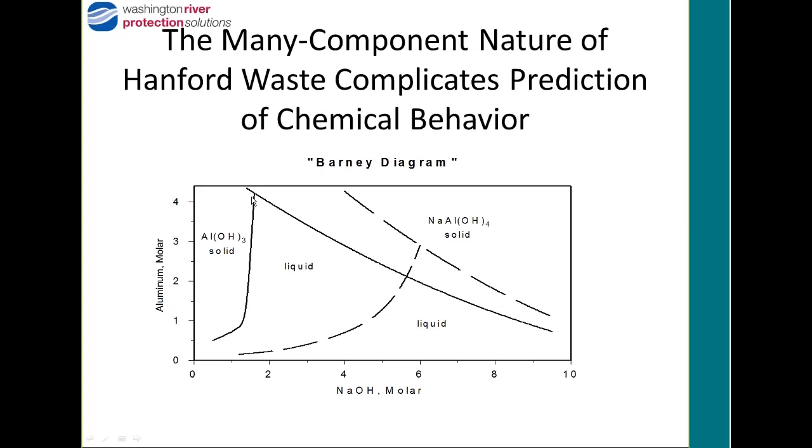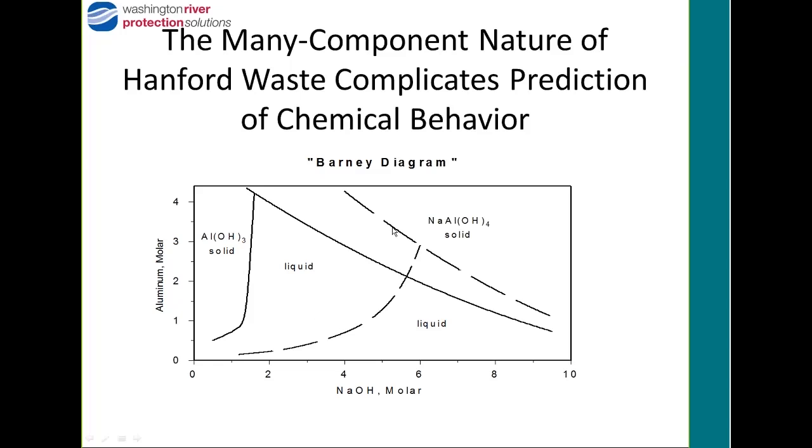This solid line is from a simulant test that a guy named Scott Barney did in 1976 that showed that a lot of our waste tends to follow this line. So there's a huge shift, and that shift is caused by some of the chemical behavior and complexity in our waste. The true cause of this shift is really not completely known very well.